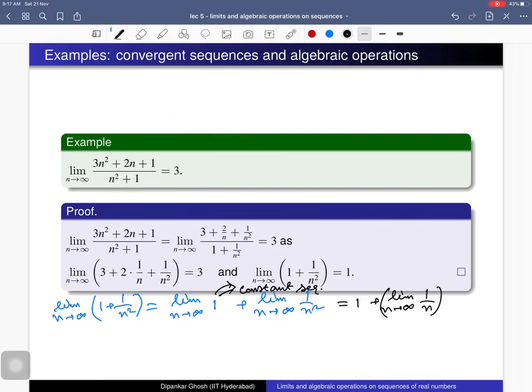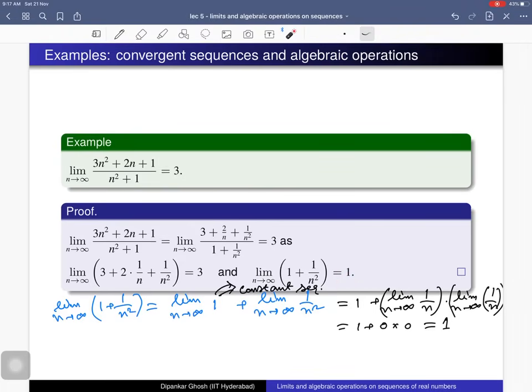So 1 by n square we can write as 1 by n times 1 by n, and then this limit is the same as the limit of 1 by n times the limit of 1 by n, and we all know what the limit of 1 by n is. So it is 0 times 0, so altogether it gives this value 0.